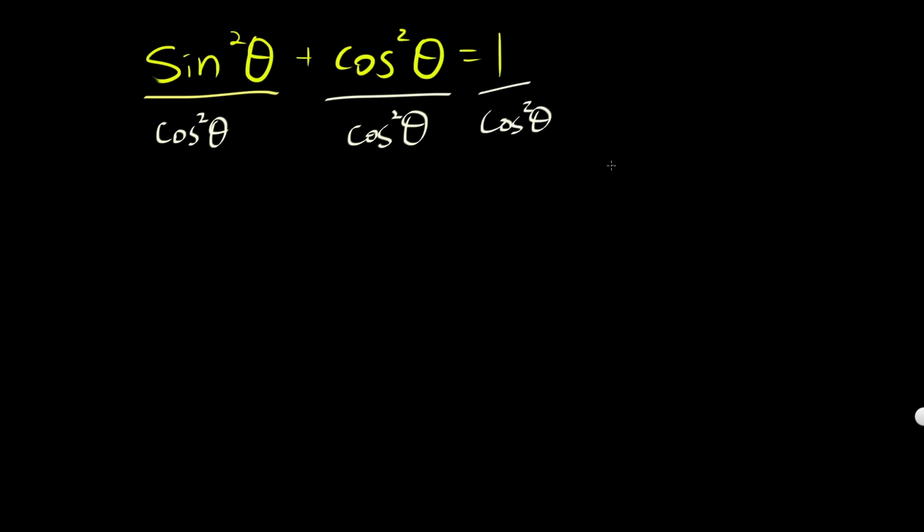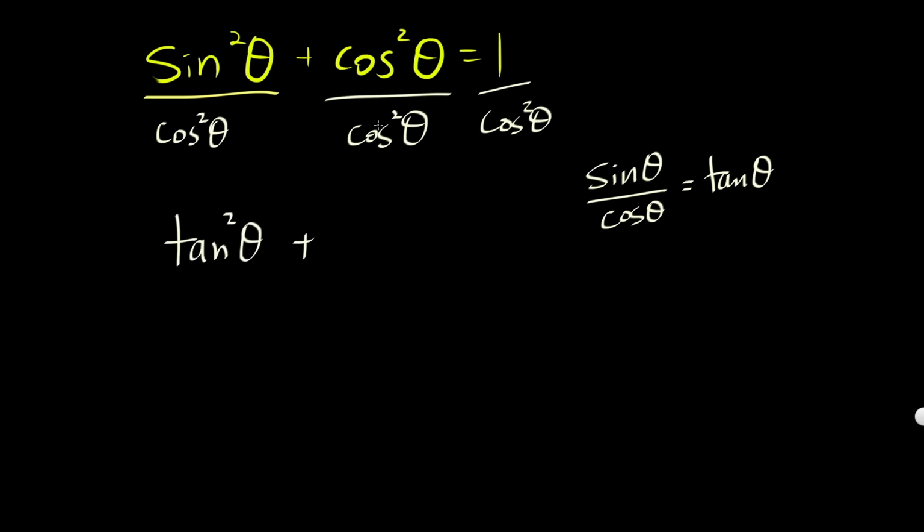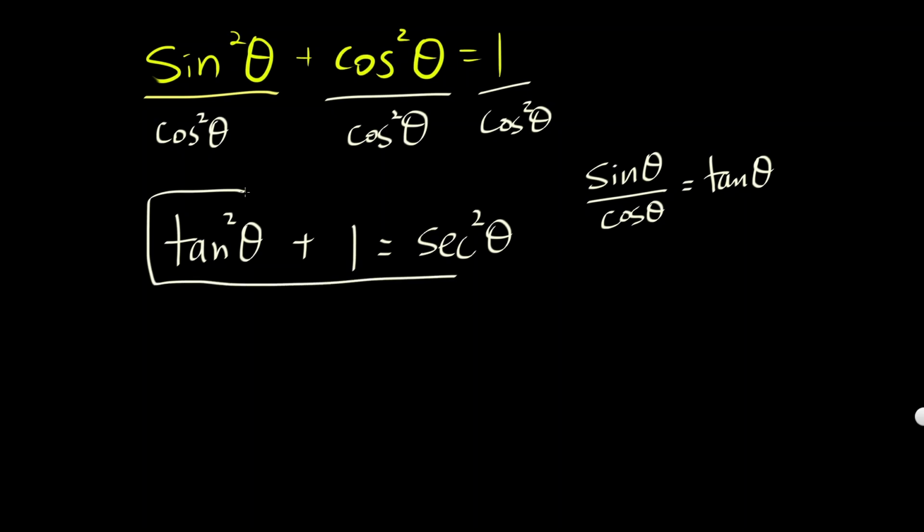Then we know that sine theta over cosine theta is actually tangent theta. Then sine squared theta over cosine squared must be tangent squared theta. And then cosine squared over cosine squared is just going to be 1, because same top, same bottom. That should equal 1 over cosine squared, which is actually secant squared theta. So by dividing all the terms by cosine squared theta, we have another identity.